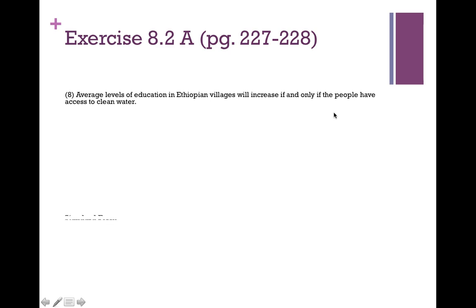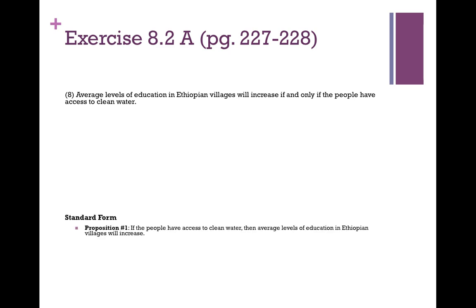And the way that we show this is we would say the first thing, if people have access to clean water, then average levels of education in Ethiopian villages increase. And we get that from if, P if Q, but it's also saying and only if, which means it's setting up this proposition right here that people will have access to clean water as a necessary condition, as a requirement.